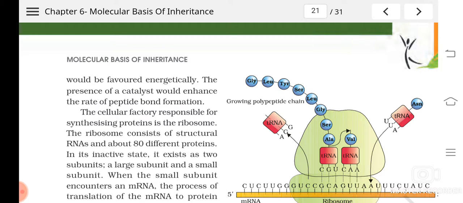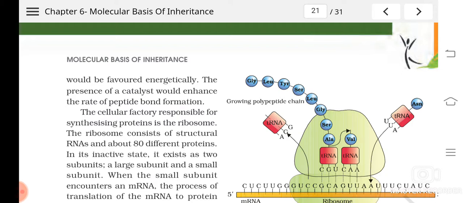Understood? This tRNA carries a particular amino acid, attaches to the acceptor site, and then moves to the next site. A new one comes to the acceptor site, and a bond forms between the amino acids present on the tRNAs.